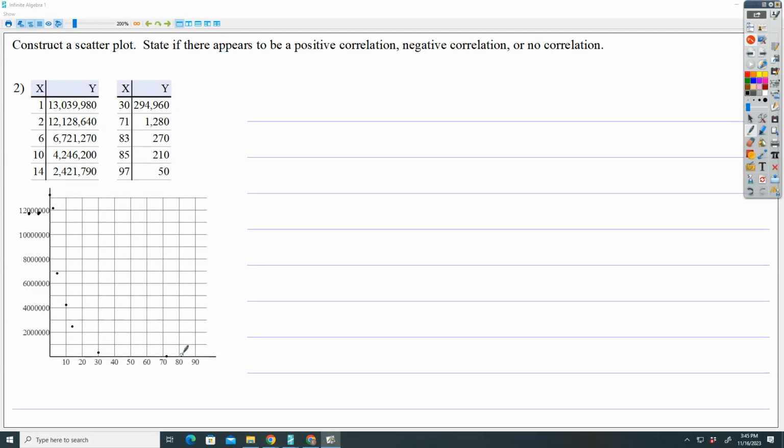And then 83 and 270, and then 97, and then 85 and 210, again way down here. Okay, so looking at the dots, I could almost draw a line and it would look like this. Hopefully your line would be a little straighter than mine. But this would be a negative correlation.